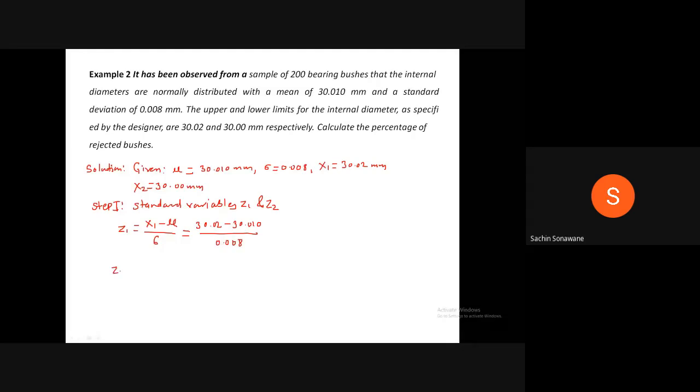Therefore, Z1 is equal to, we are getting it as 1.25.